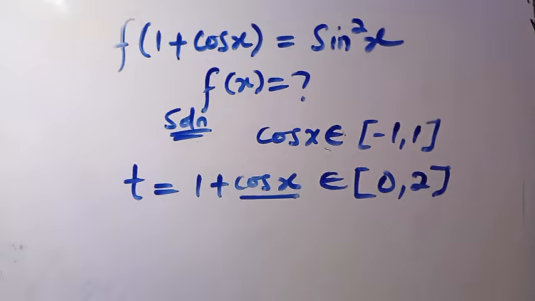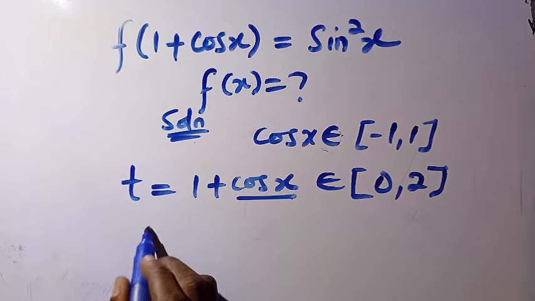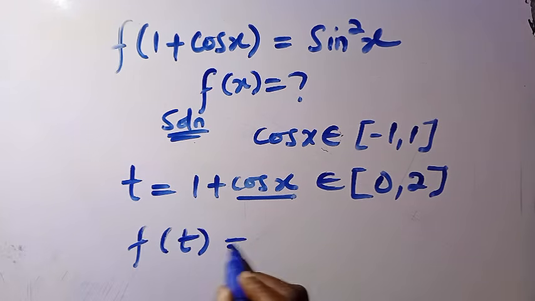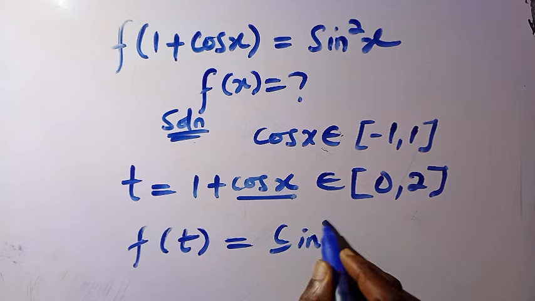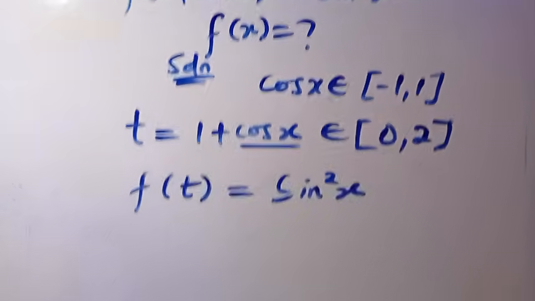From the left hand side, we now have f of t, which equals sin square x. How can we make this also in terms of t? Very simple.